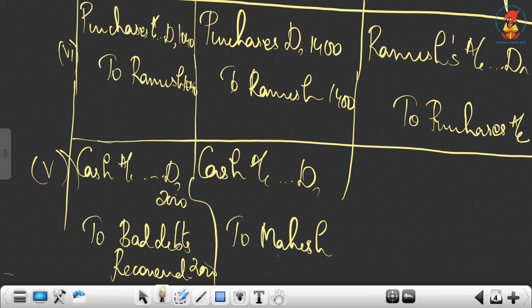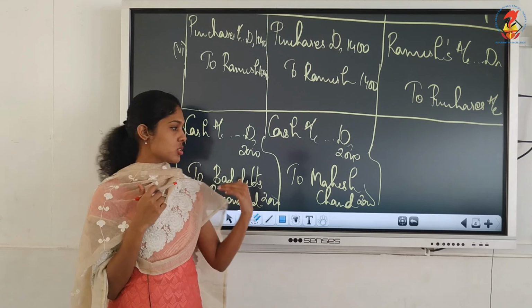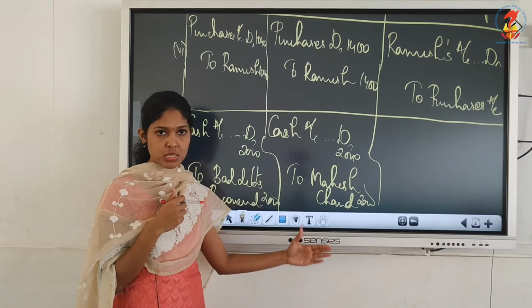This is the normal entry when you receive an amount from a person, isn't it? You will simply write cash debtor to Mahesh Chand or cash debtor to Ram if you receive the amount from Ram. But actually it is to be written as cash to bad debts recovered. So this is the mistake you made.